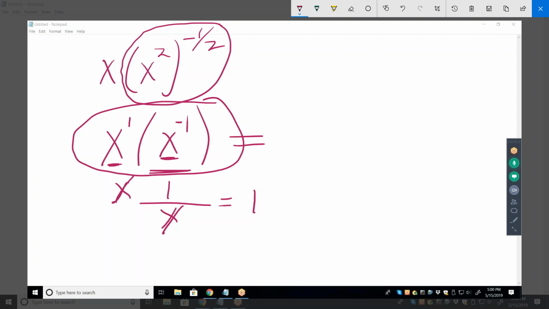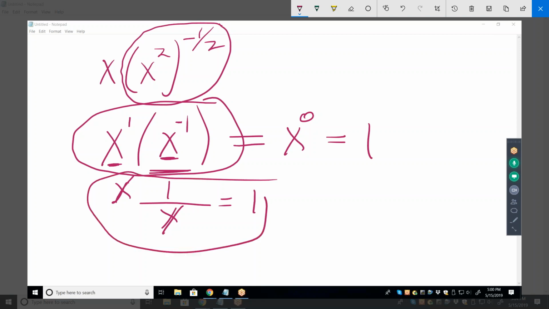You add them. So what does that give me? 0. X to the 0. And then x to the 0 is always 1. Anything to the 0 is always 1. So I can get there without actually doing this step here. But I just wanted to make sure you understood how to handle negative exponents.